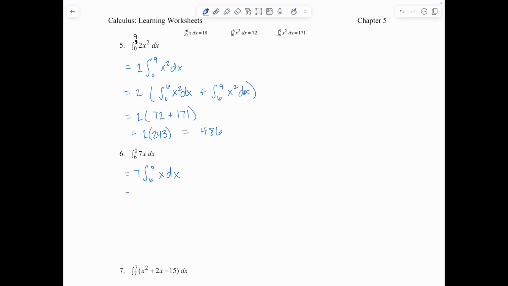So I'm going to use the property that makes the negative version and flips our interval. Now I can use what we've been given. So we have negative 7 times the integral from 0 to 6 of x dx, which is 18. And this product gives us negative 126.